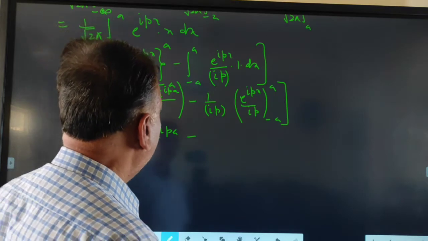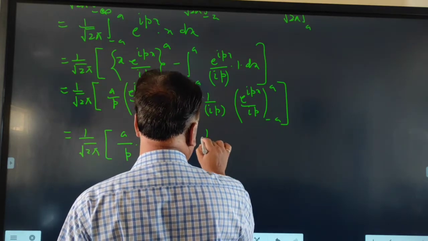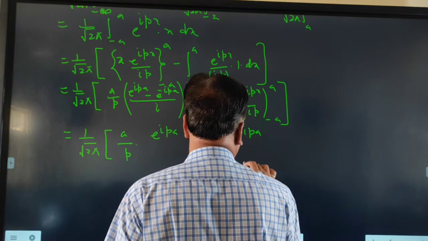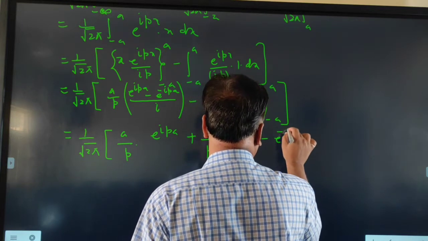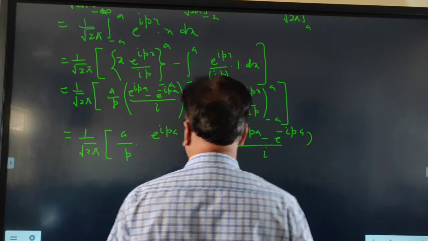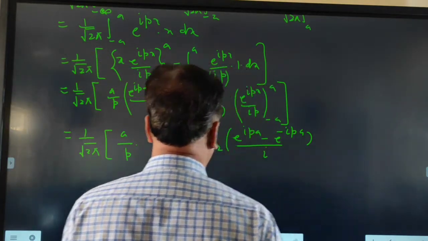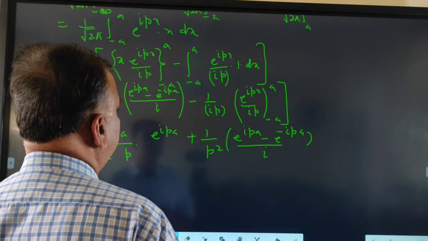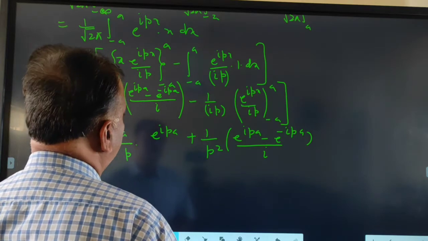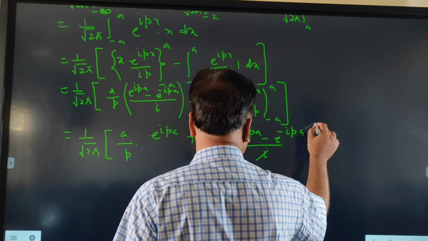Now if we solve this, iota square is minus 1, so that is plus 1, giving 1 upon p square times (e raised to iota pa minus e raised to minus iota pa).